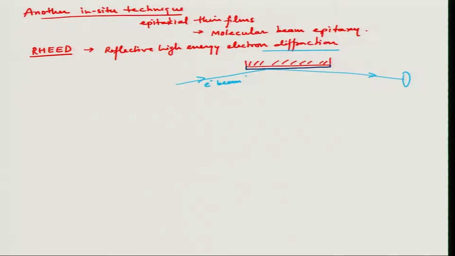Of course, this principle only works when you work in high vacuum systems. Okay. And since molecular beam epitaxy works in high vacuum, this technique is good for molecular beam epitaxy for measuring thin film depositions.